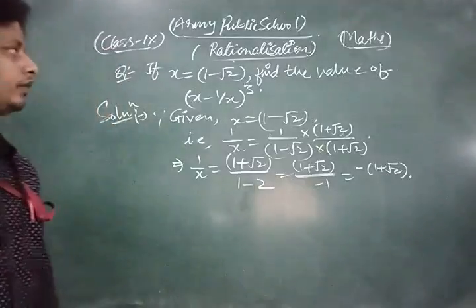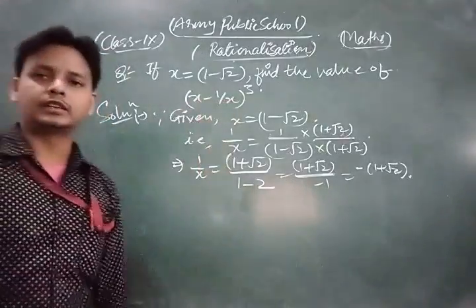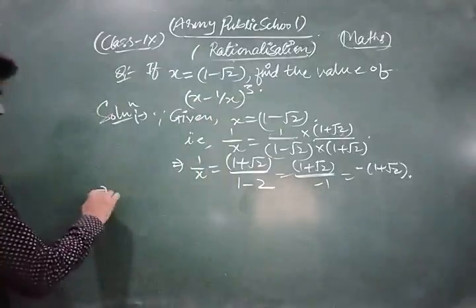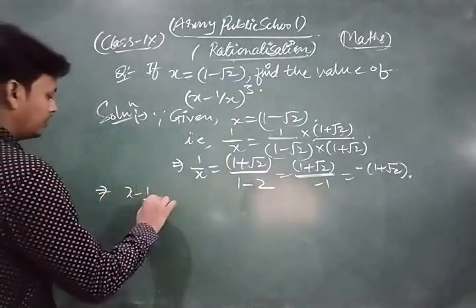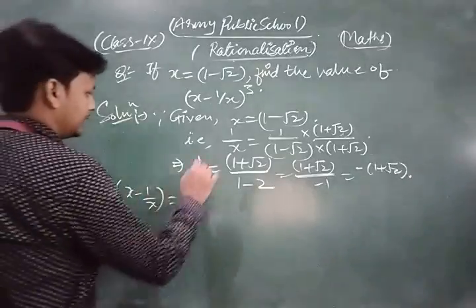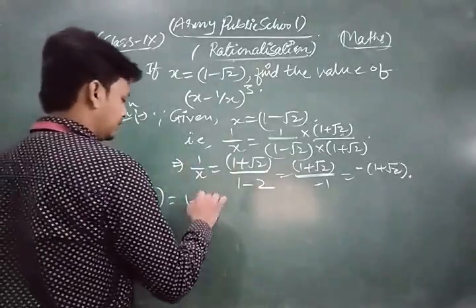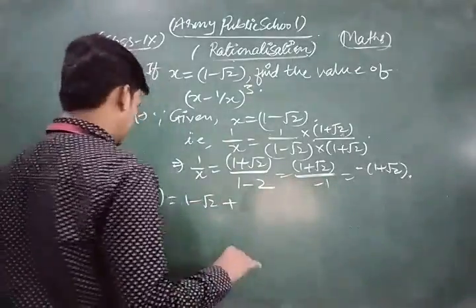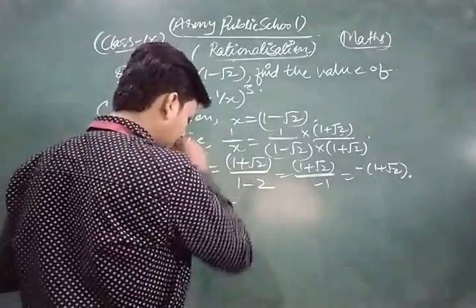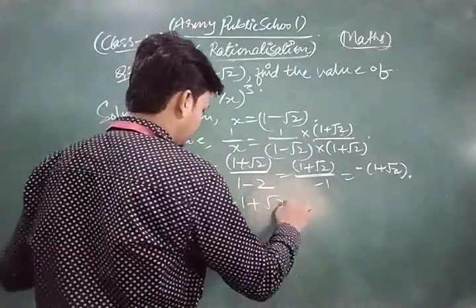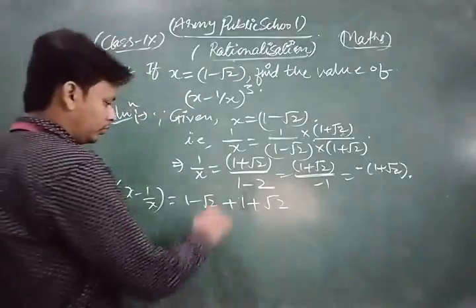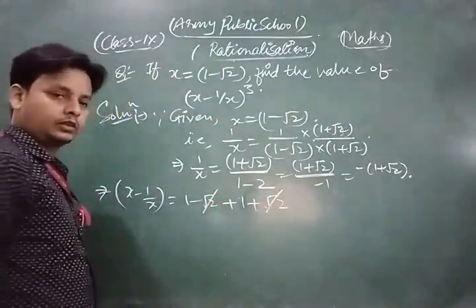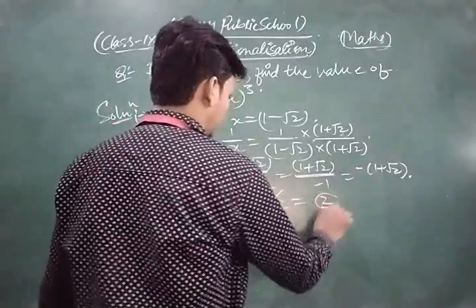Now we find the value of x minus 1 upon x. So x is 1 minus under root 2 minus the value of 1 upon x, this is minus, plus, this is 1 plus under root 2. Now look, under root 2 cancel to each other. So the value of it is what? 2.